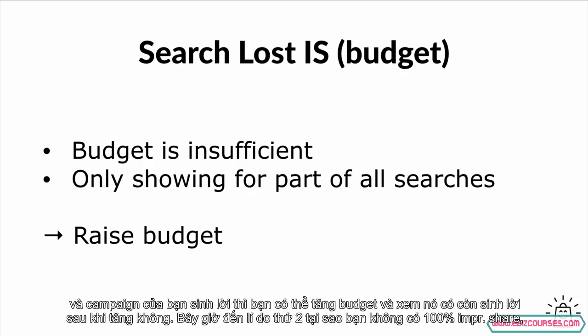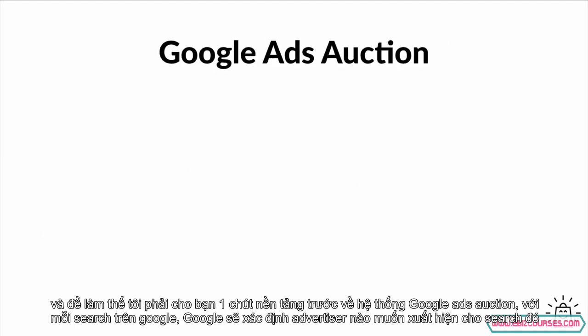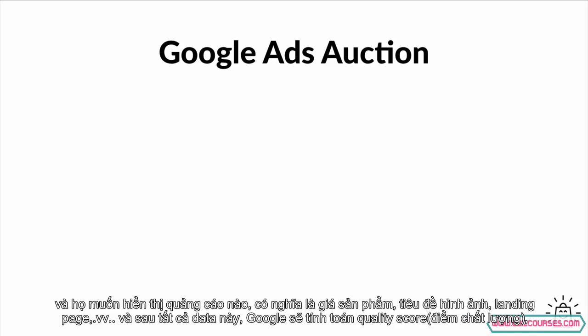Let's now look at the second reason why you might not have 100% impression share. To do that, I have to give you some background on the Google Ads auction system. For every single search that happens on Google, Google identifies which advertisers want to appear for that search and what advertisements they want to show.